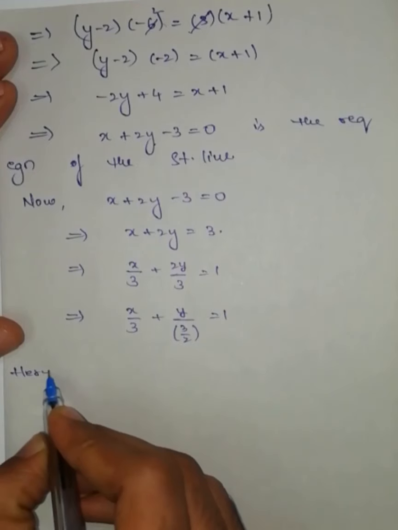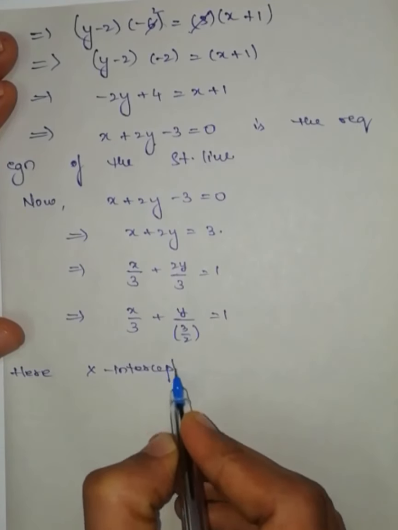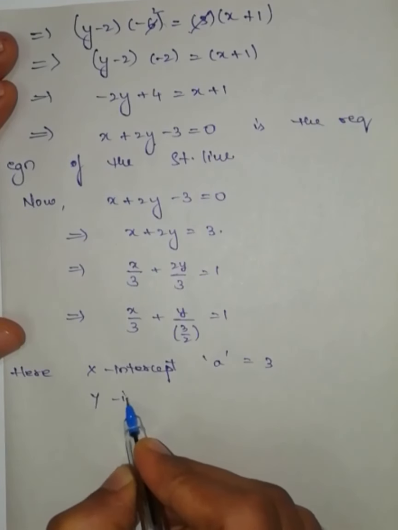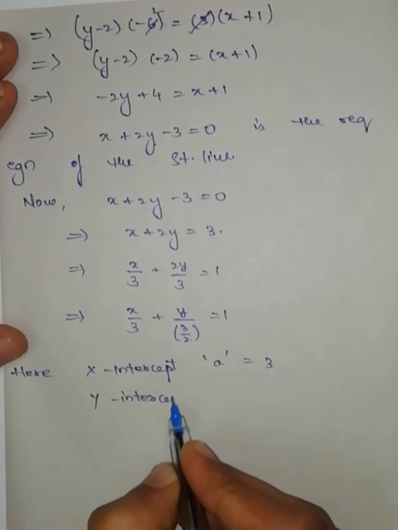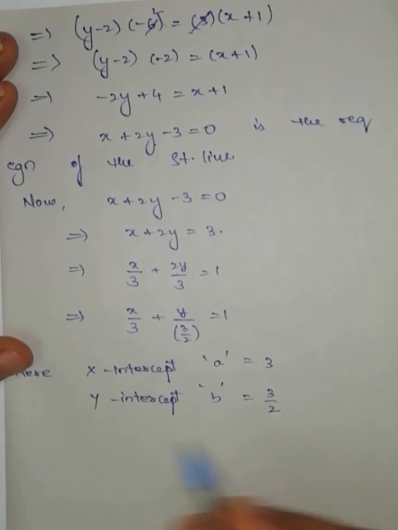Here the x-intercept a is equal to 3, and the y-intercept b is equal to 3 by 2.